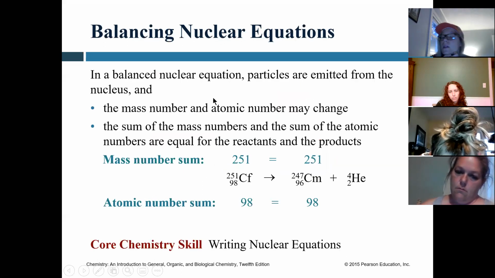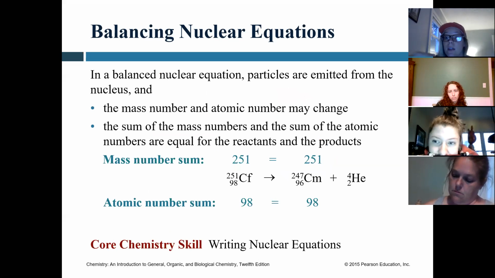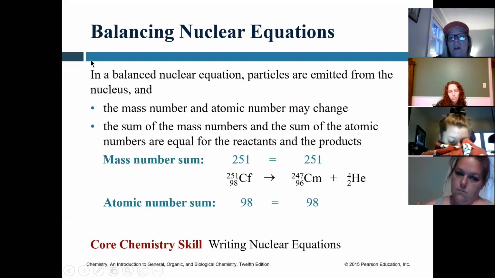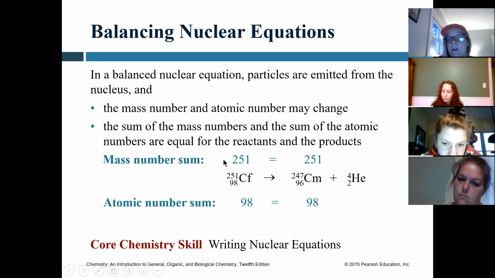So in a balanced nuclear equation, particles are emitted from the nucleus. This will shift the type of atoms that you have. The mass number and atomic number may change, but the sum of the mass numbers and the sum of the atomic numbers will need to be equal for reactants and also for products. So if I've got Cf-251 here, it has a mass number of 251.